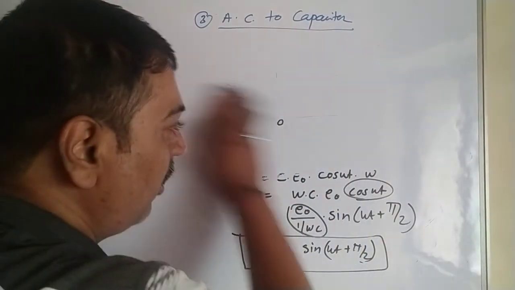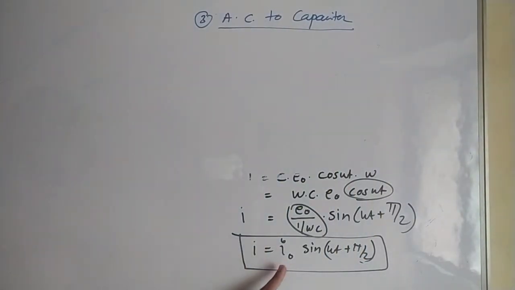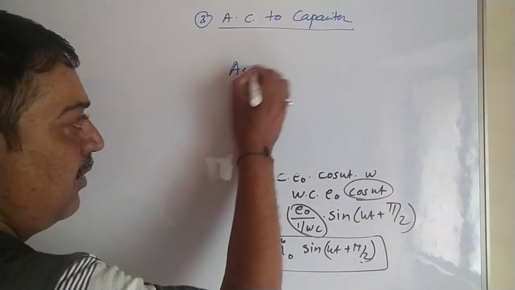Now let's go further. As we have just put in this equation I0 as E0 by omega C, I will write it here first.